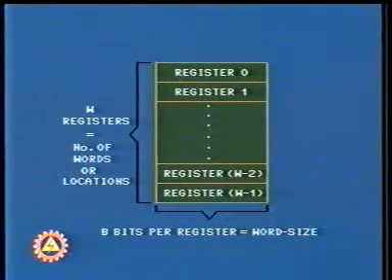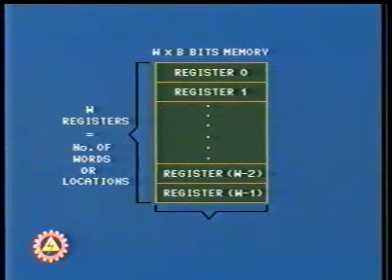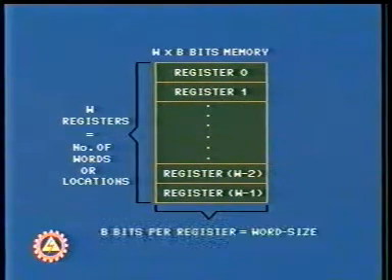From the system point of view, memory is organized as W x B, where W stands for number of registers or locations contained in that memory block, and B represents width of each register in bits.